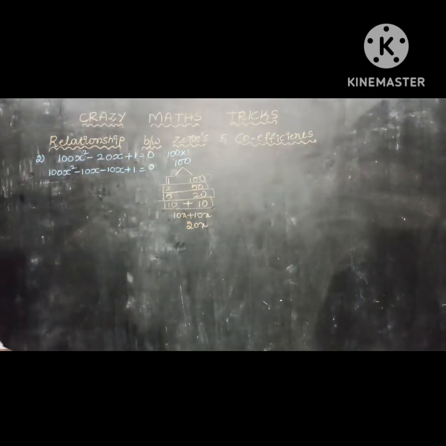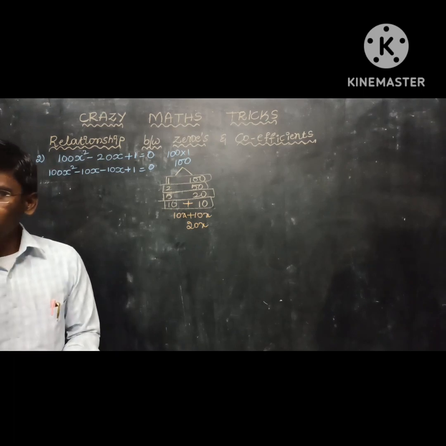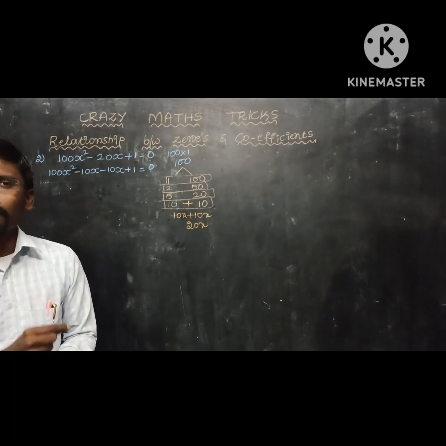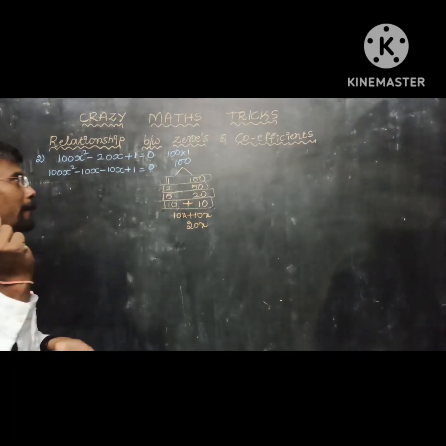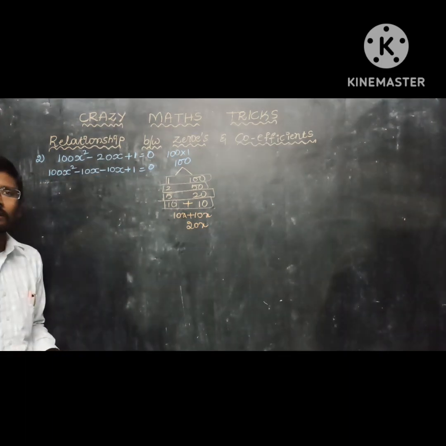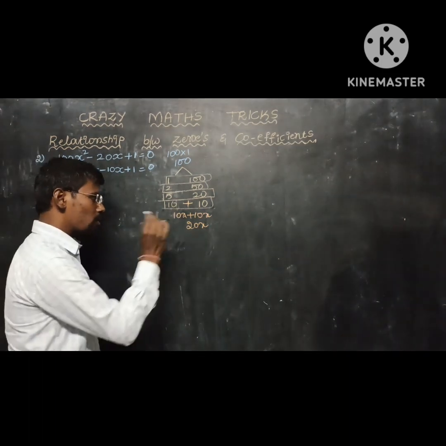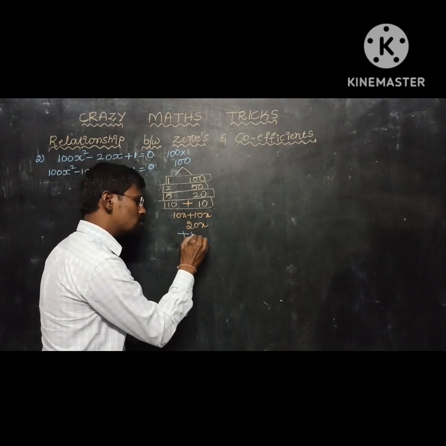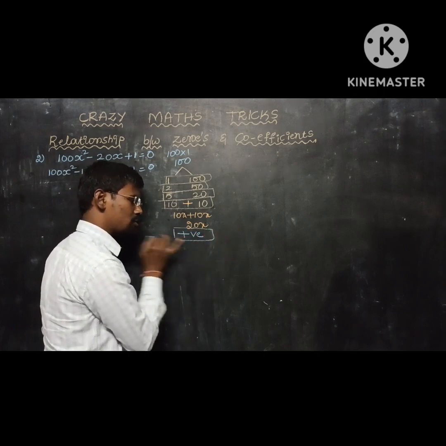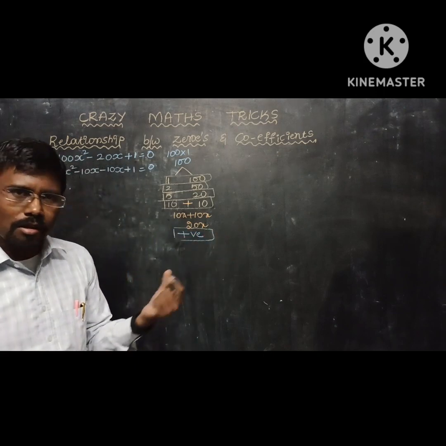And one more thing students should remember: when we are splitting into 4 terms, the operation should satisfy our condition. We have one condition. What is that? All the terms should contain positive.